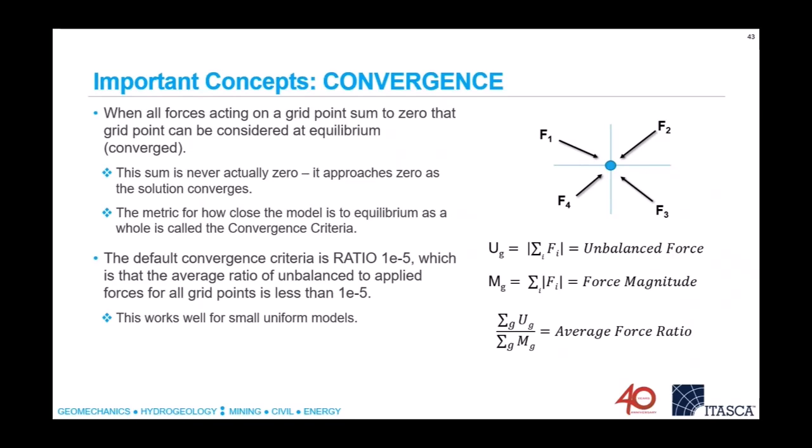And basically, when that average force ratio reaches the level 1E minus 5, we say that's good enough. Vibrations are really small. The system is almost at static equilibrium. We can stop calculations there. That's our traditional way to specify when to stop the analysis.